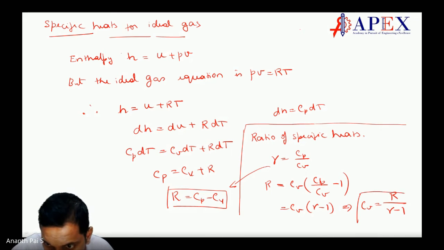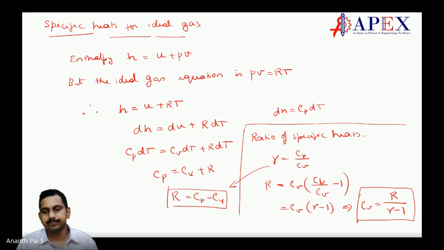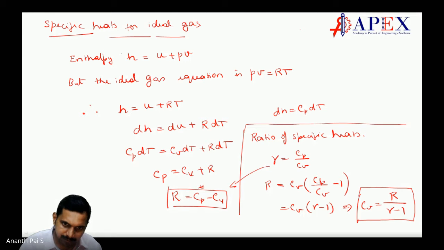Very, very important, students. This is one of the important things we have to understand. Very, very, very important one. Both of these you can put as fundamental, five stars. Similarly, there is another thing which I'll solve here.